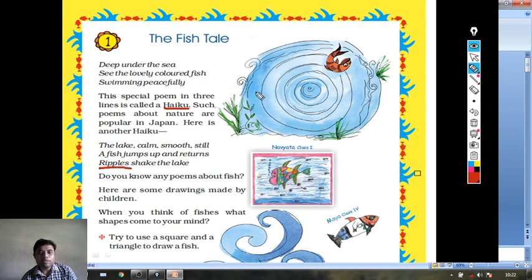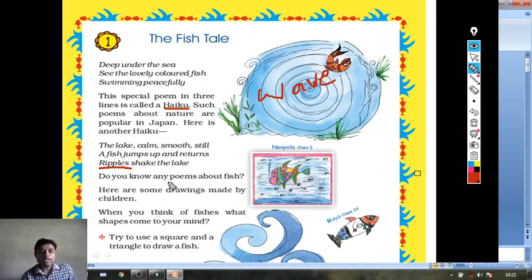Ripples means waves, W-A-V-E. Waves shake the lake. If you drop a stone in water, you have seen the circular waves around it. Similarly here, when the fish jumps up and returns to the water, the waves shake the lake.